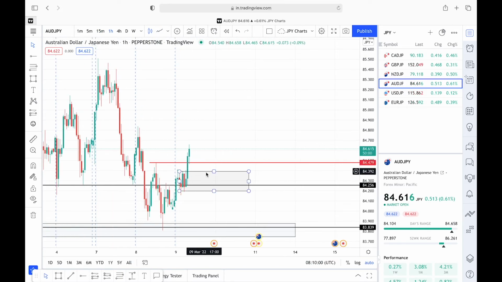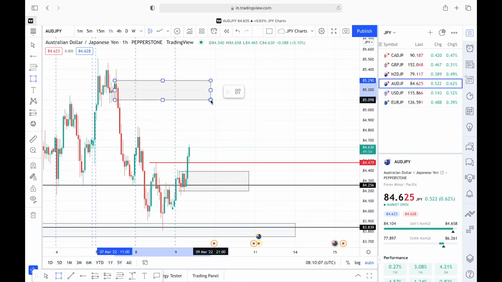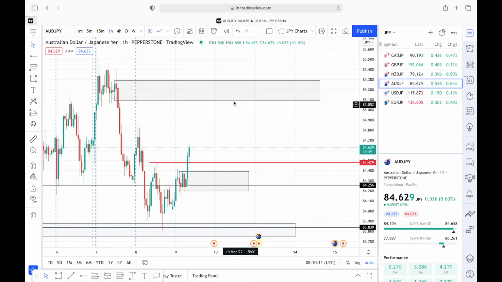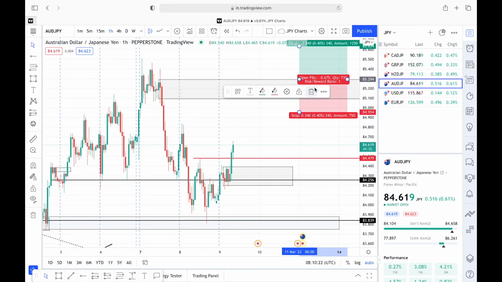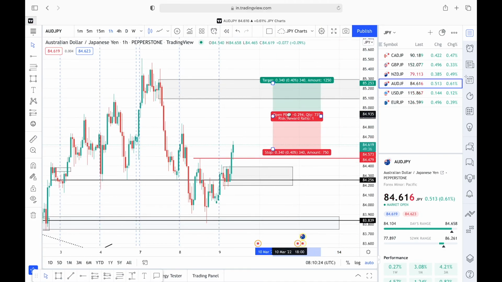So I'll be looking at this place as my point of entry, and I'll be targeting this other block here. This place is my entry, targeting this other block. Let's just take it down this way.